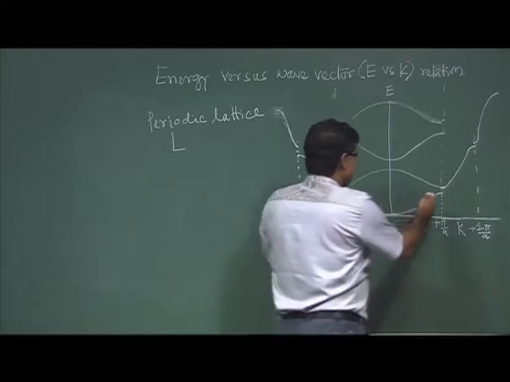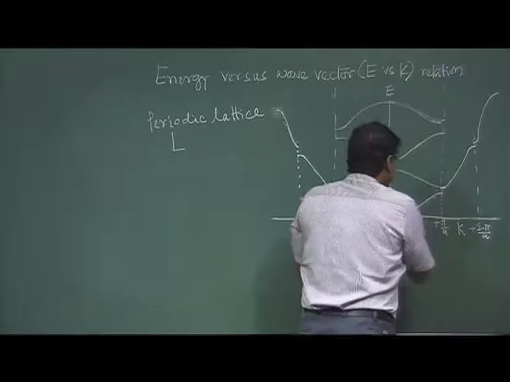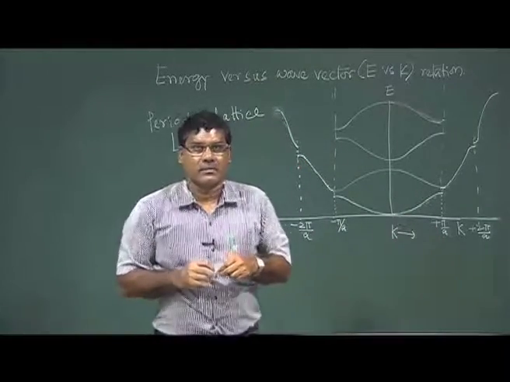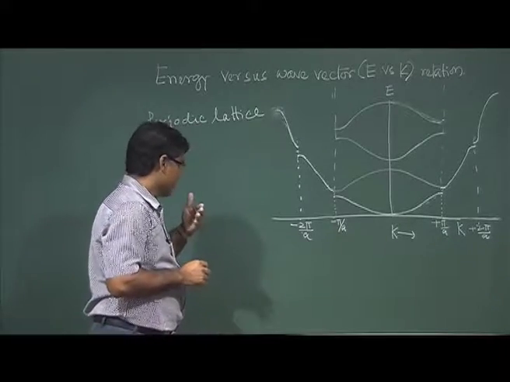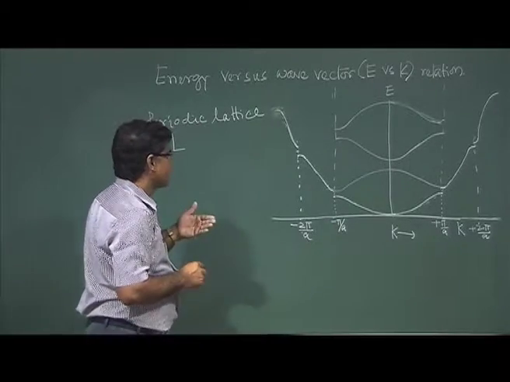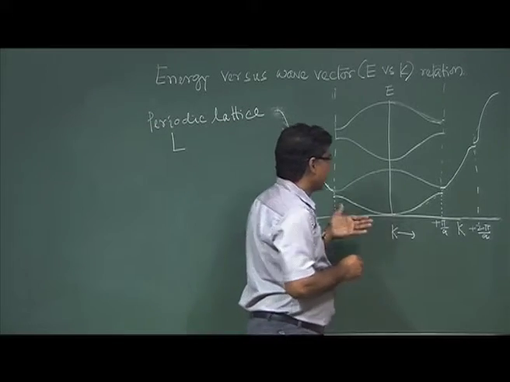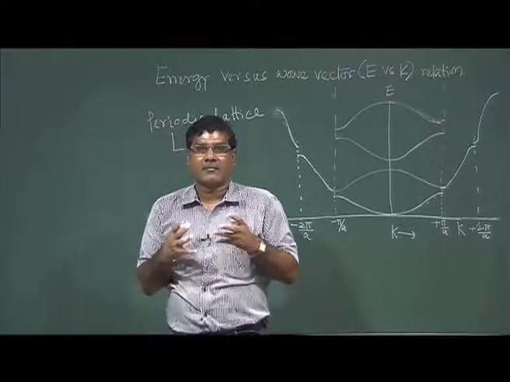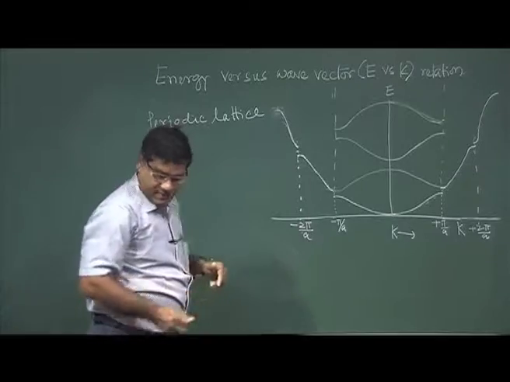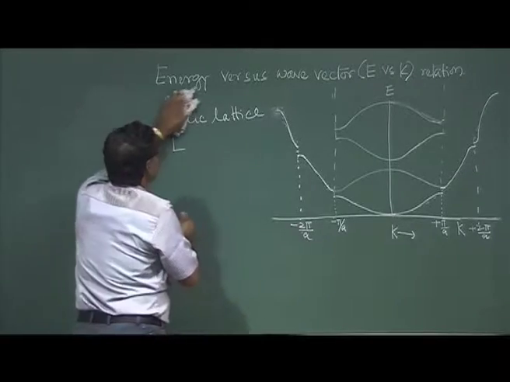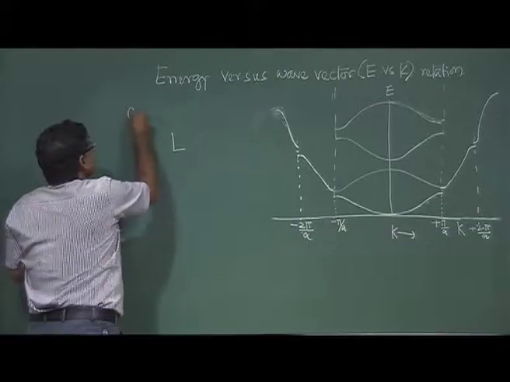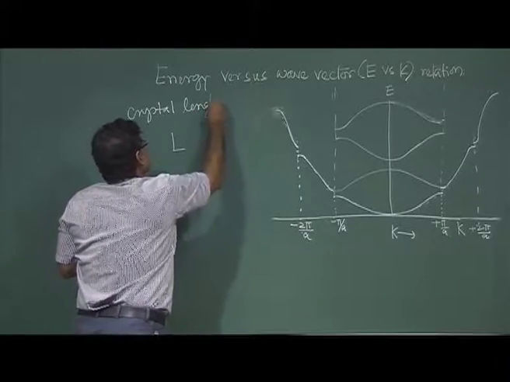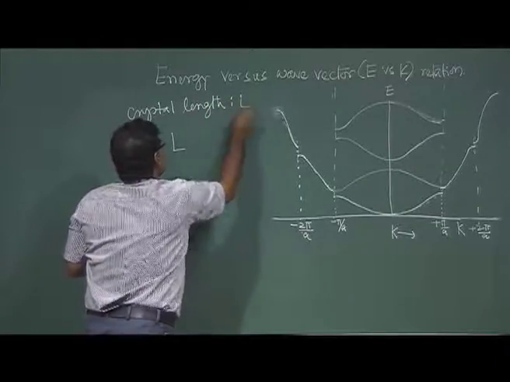Then in this first Brillouin zone, how many wave functions, how many states, how many k values are allowed, or how many wave functions, how many states, or how many k values will we get in this first Brillouin zone when our crystal is of finite size? Say the crystal length is L. Okay.